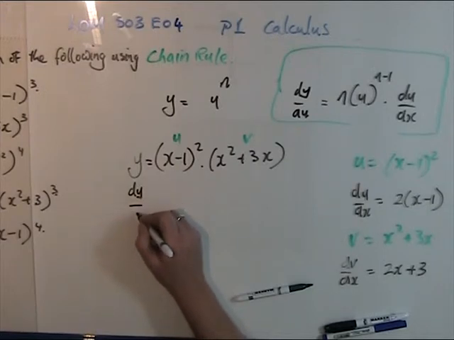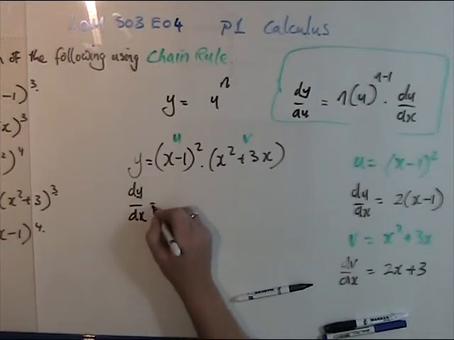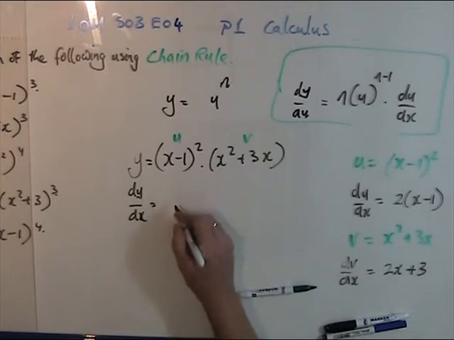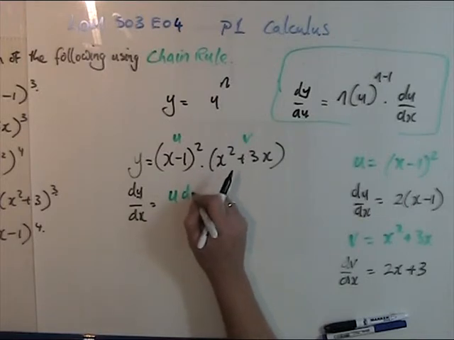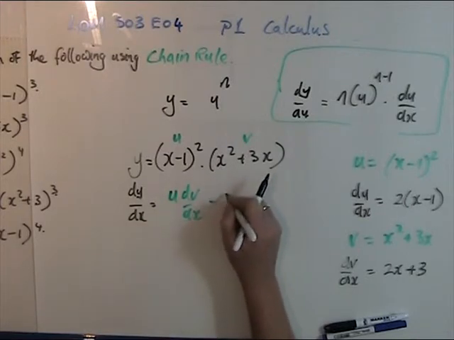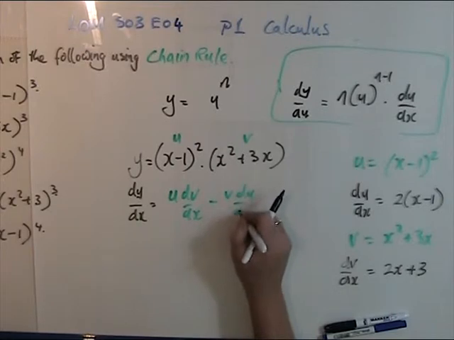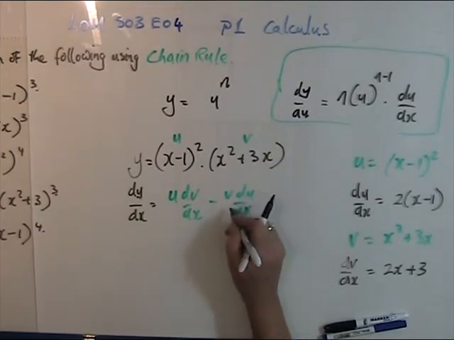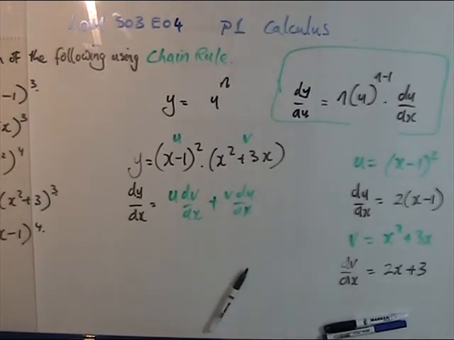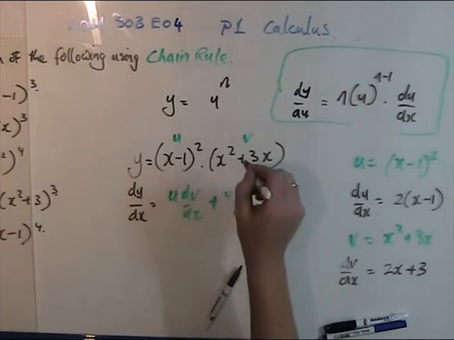So dy dx with respect to x is equal to, using the product rule, u times dv dx plus v times du dx, sorry, we're using the product rule. So I'm going back to my product rule because I've got one function by the other.